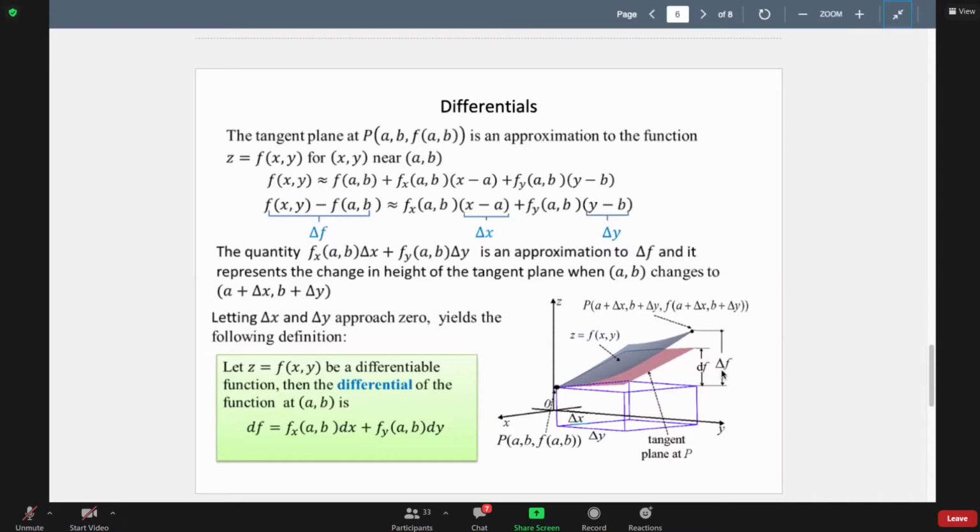If delta x, delta y are small, this is close to this. The difference between those two things disappears. So this is a geometrical interpretation: the differential approximates the difference between function values. But again, that's the definition of a differential. The meaning is that df approximates delta f when dx and dy are small.